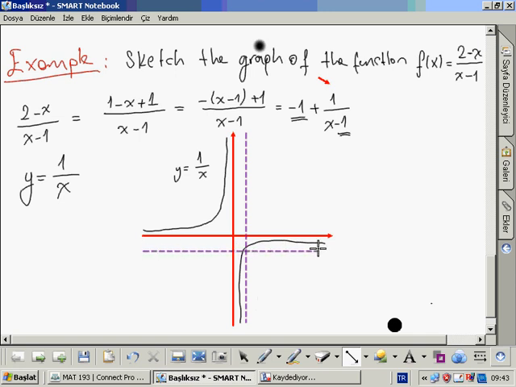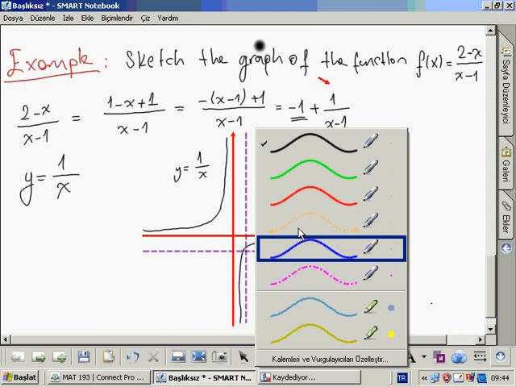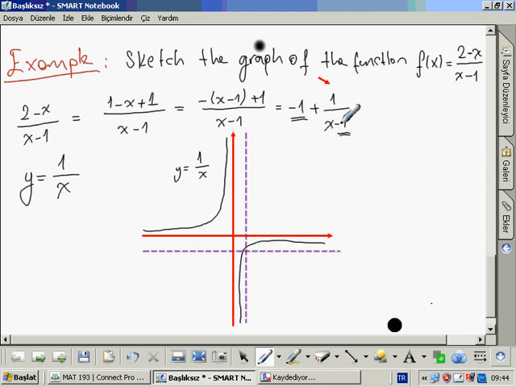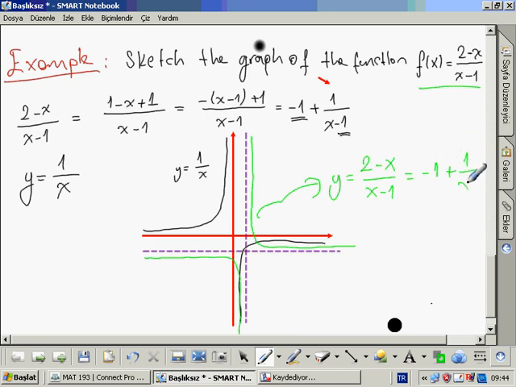This is the minus 1 asymptote, and now you can sketch your function, which is minus 1 plus 1 over x minus 1, the meaning of 2 minus x over x minus 1. It will be like that. Look at the green pen: this green pen equals 2 minus x over x minus 1, and it equals minus 1 plus 1 over x minus 1.